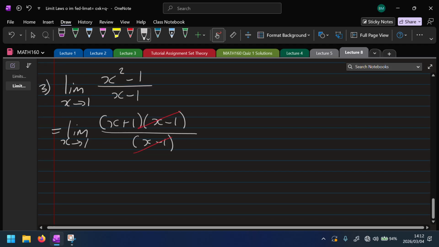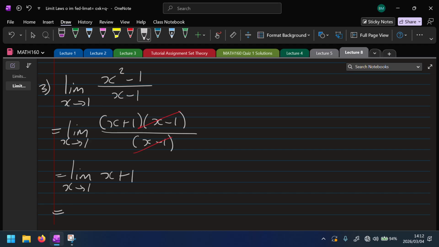So this becomes the limit as x goes to 1 of x plus 1, which is 1 plus 1, so we get 2.